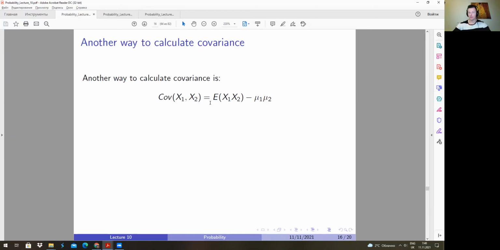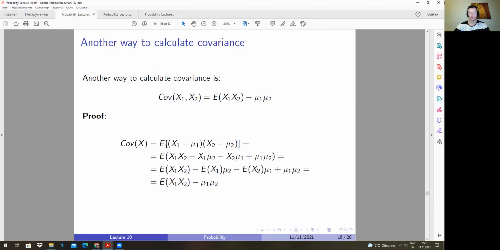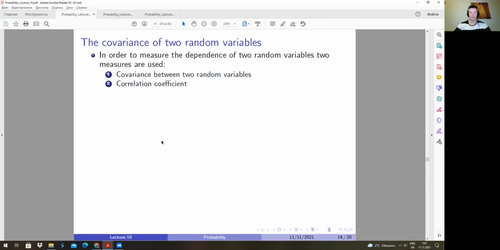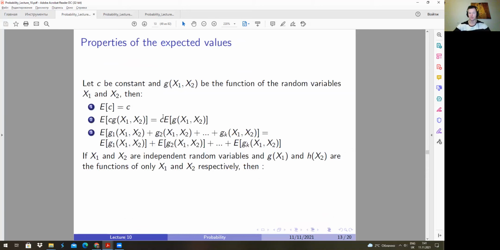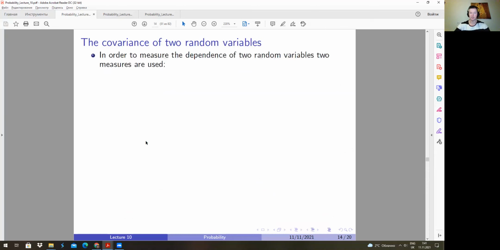So why is this true? How to prove this? Here it is. We have the definition of a covariance. Now I open the brackets, and I have x1 x2 minus x1 mu2 minus x2 mu1 plus mu1 mu2. Now using the properties of expectations, which we introduced here, I can use property number 3, when the expectation of the sum equals the sum of expectations.